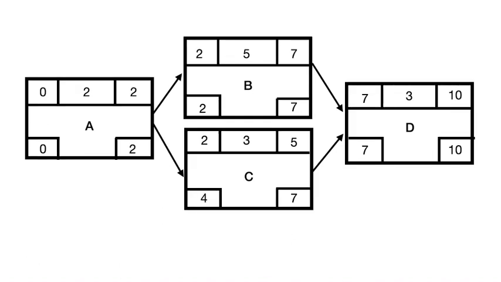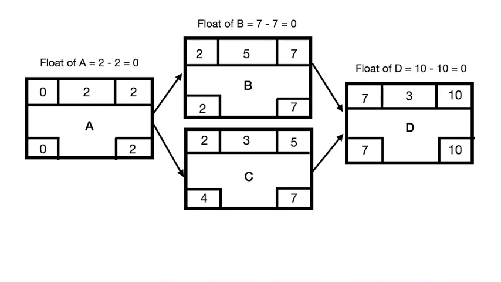Let's calculate the float of activities in this network diagram. The float of activity A would be equal to 0 because 2 minus 2 is equal to 0. The float of activity B would be equal to 0 because 7 minus 7 is equal to 0. And the float of activity D would also be equal to 0 because 10 minus 10 is equal to 0.